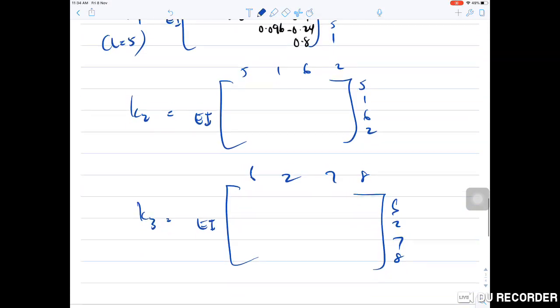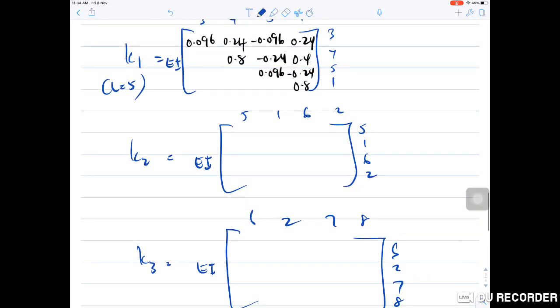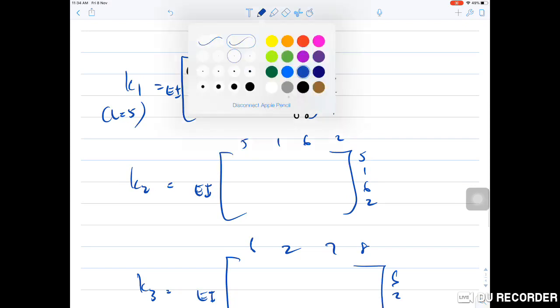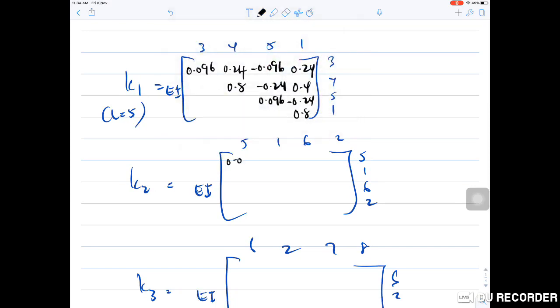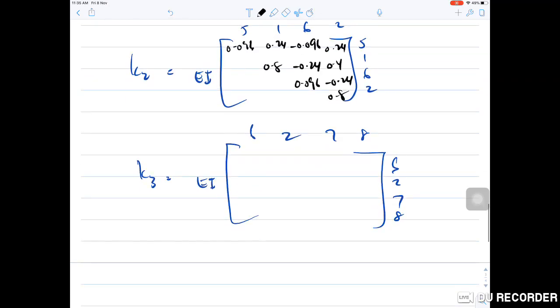So the matrix is 0.096, 0.24, negative 0.096, 0.24, 0.8, negative 0.24, 0.4, 0.096, negative 0.24, and 0.8.